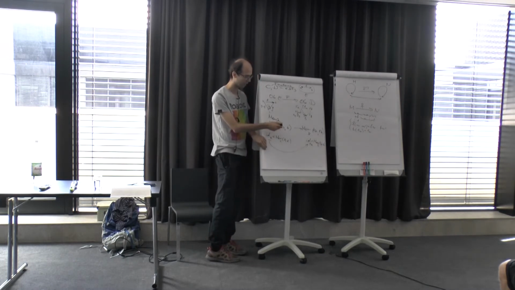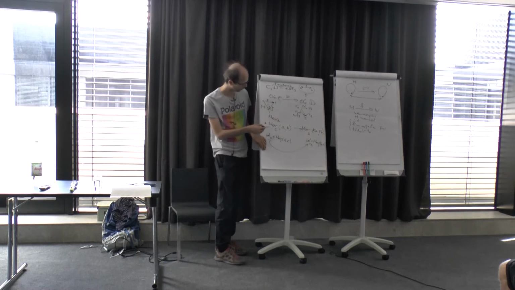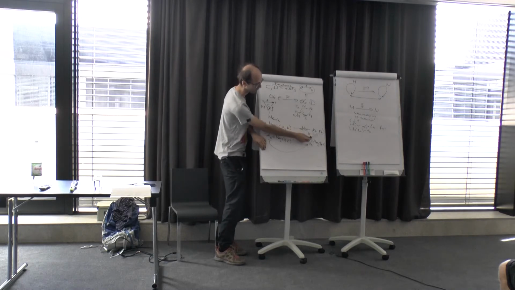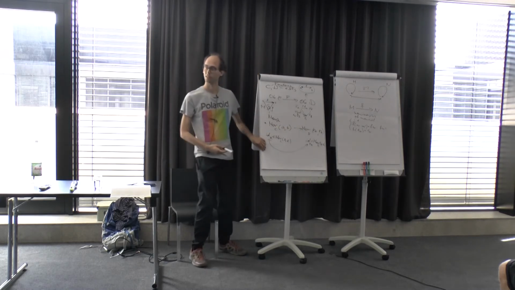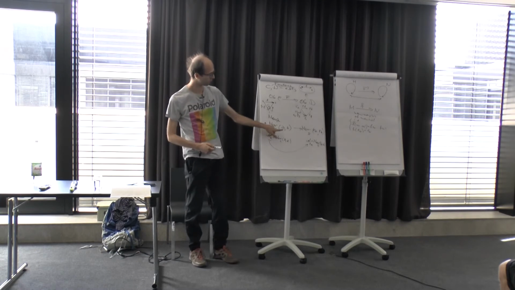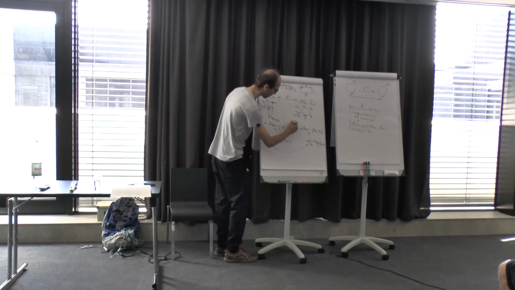As I wrote here, that we have a map from arrows from A to B to arrows from F A to F of B. So this is fmap.